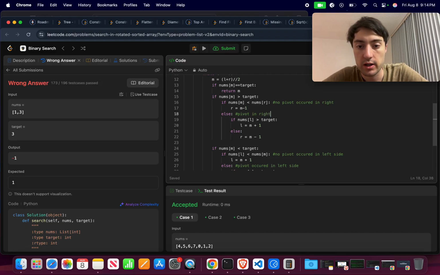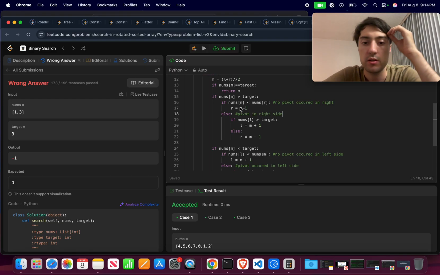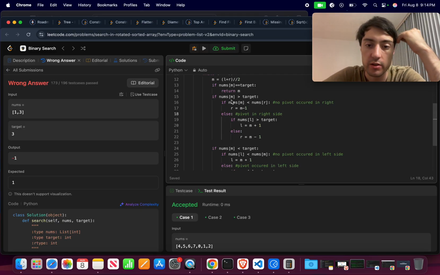Okay, my mid is too big, and the pivot occurred in right side, okay? So my midpoint is too big, but the right might have something smaller. The left also might have something smaller.